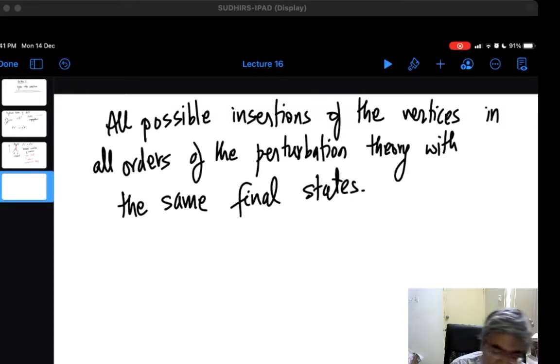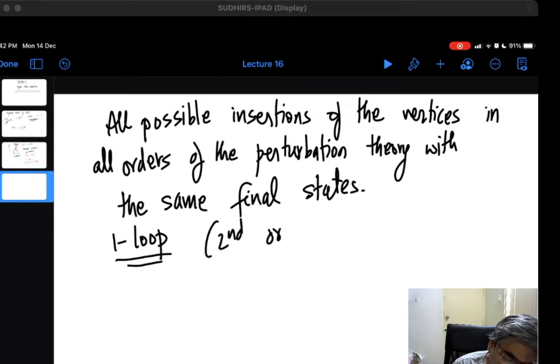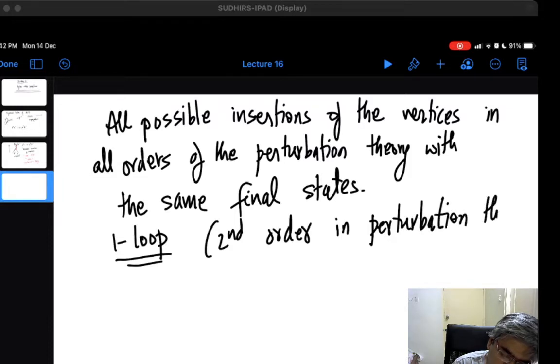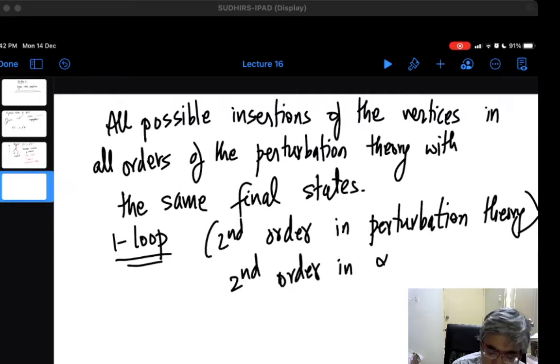Let's just take second order in perturbation theory, which goes by the name one loop. So this is second order in the coupling constant alpha.